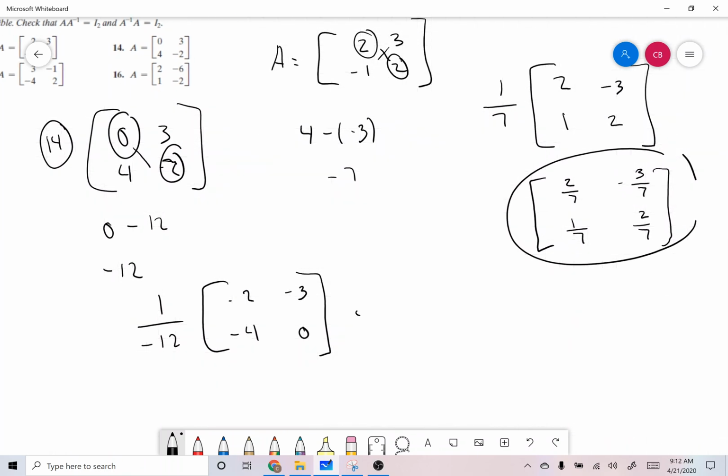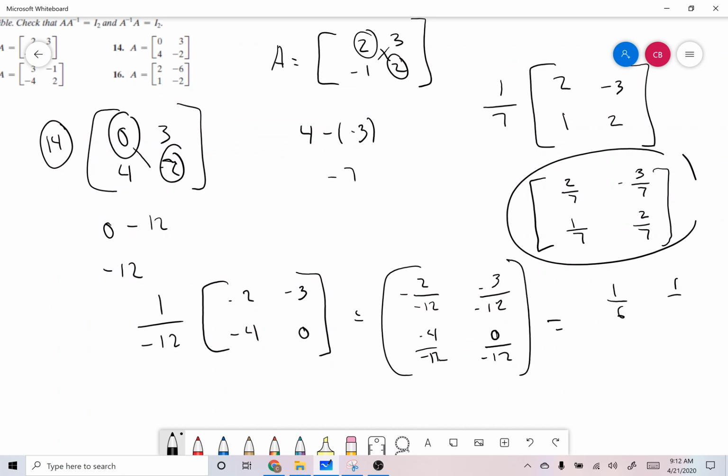So this is equal to -2 over -12, -3 over -12, -4 over -12, and 0 over -12. Which is 1/6, 1/4, 1/3, and 0. And that will be your inverse matrix for matrix A above the number 14.